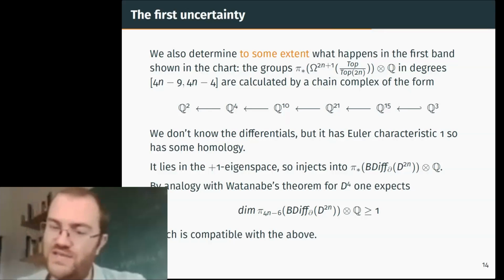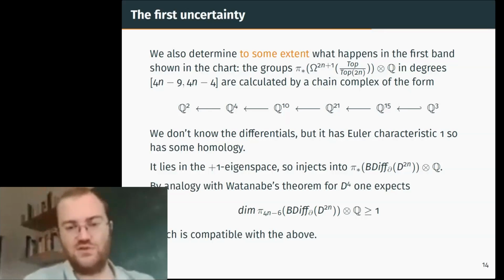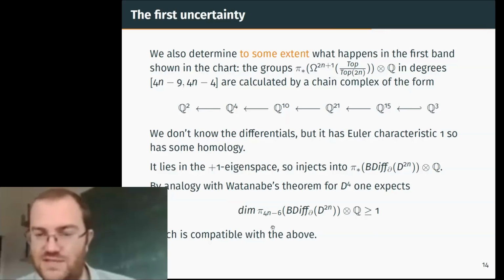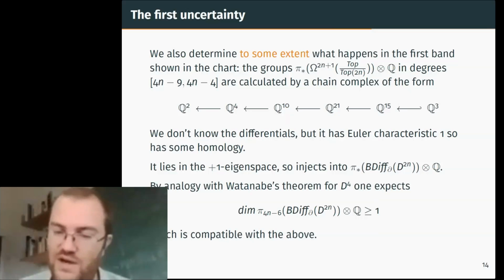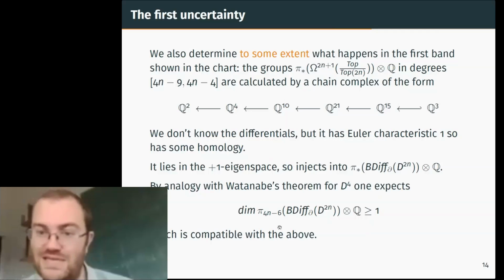By analogy with Watanabe's theorem for the 4-disk, if you go through his argument at a very coarse level and work out how the degrees should behave if you scale 4 to be 2n, you discover that this first class he finds should be in degree 4n minus 6. So his argument should show, if it went through in high dimensions, which I'm not sure if it does, and he hasn't been willing to commit to saying it does, that in dimension 4n minus 6 there's at least one non-trivial homotopy group.